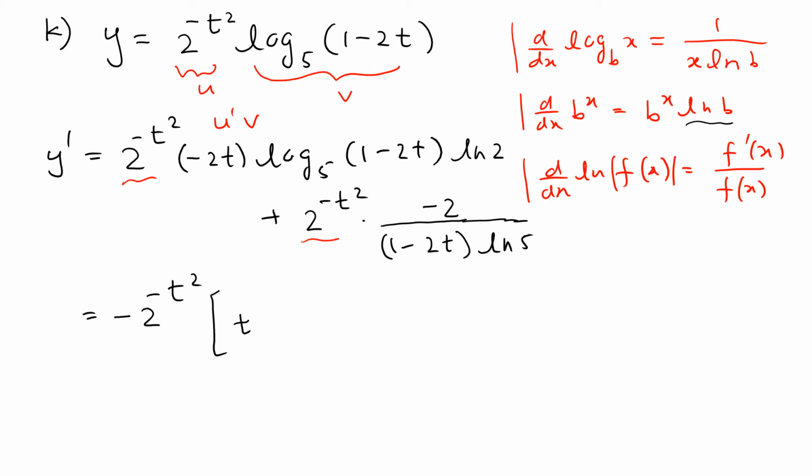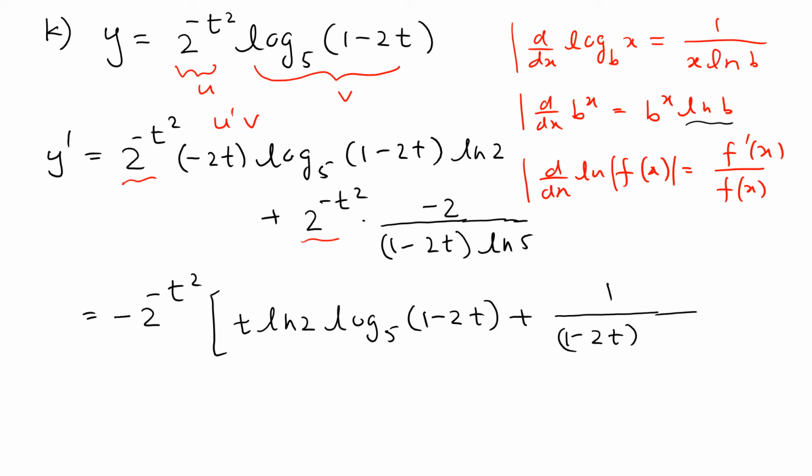So that means the answer is going to be t ln 2, and then we have log base 5 of 1 minus 2t, and then we have plus, because we pulled that out, we took 2 out, so which is 1 minus 2t times, you divide by ln 5. So that is the answer for the derivative.